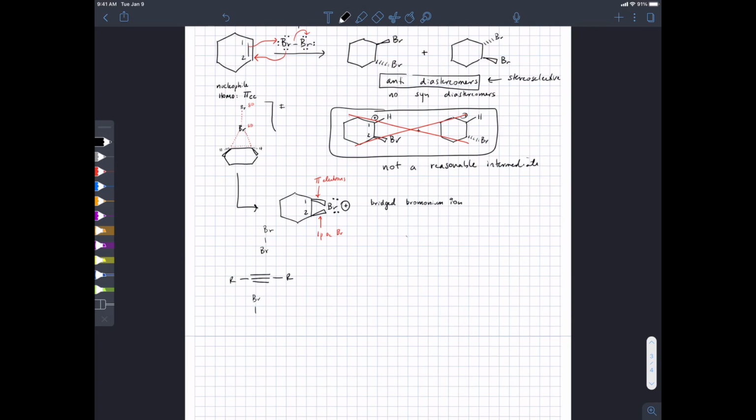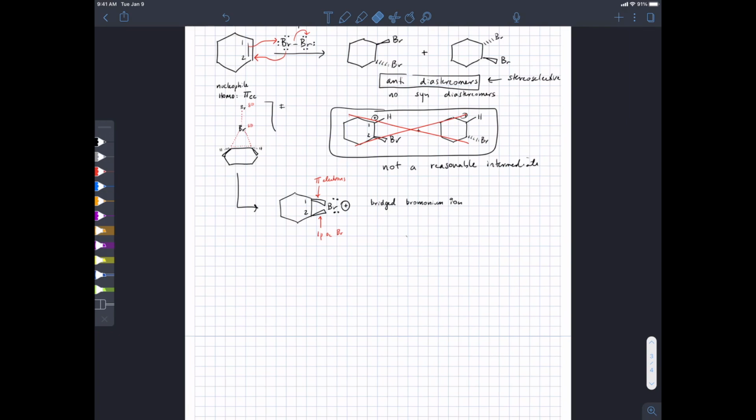But there's some evidence for some kind of termolecular reaction like this, which also explains the trans selectivity. But I'm going to erase that, and we're going to just pretend like that doesn't exist. La, la, la, la, la, not listening. So, okay, good. What else?